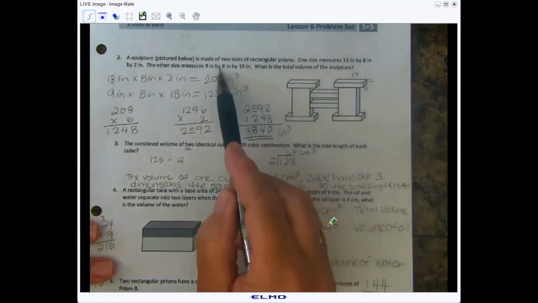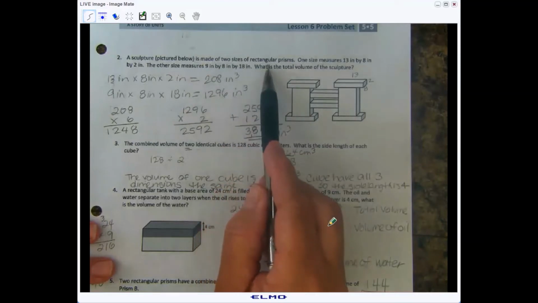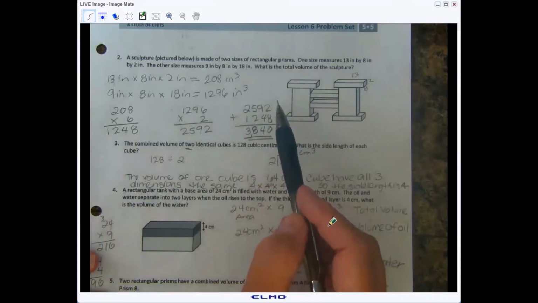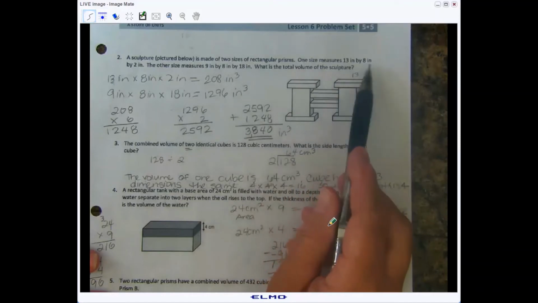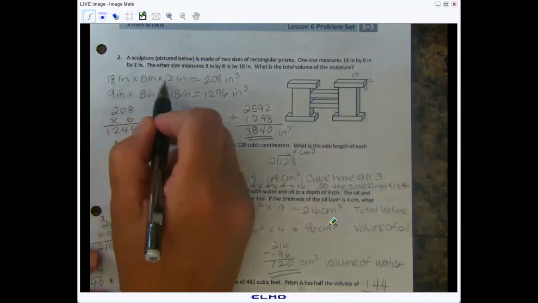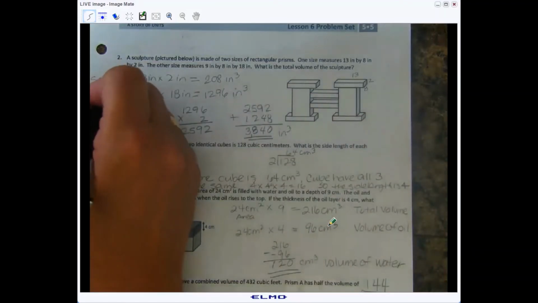And it says up here in the problem that the sculpture is made of 2 sizes of rectangular prisms. So therefore we know we've got the large prism and the small prism, and then they're all the same. So one size measures 13 by 8 by 2. That's going to be the smaller prism, okay? So I'll put S there.